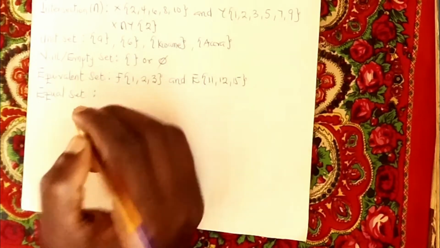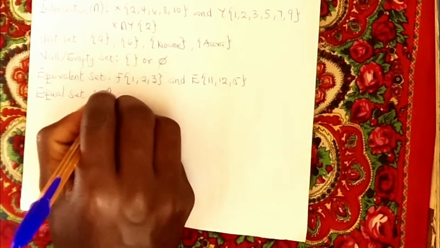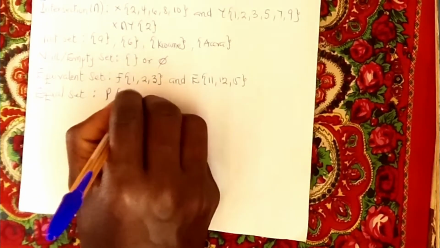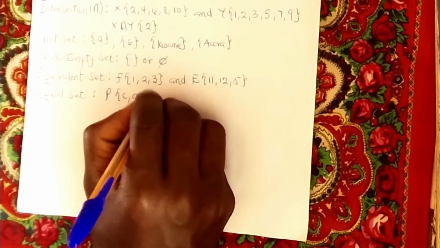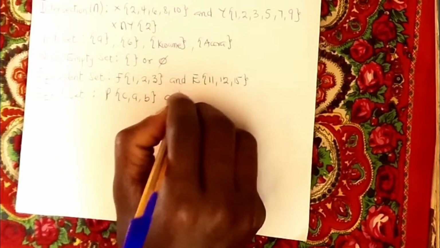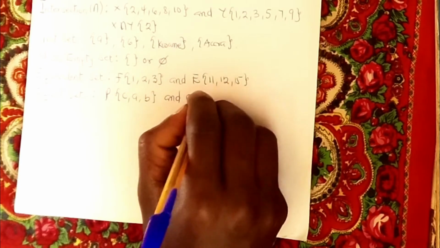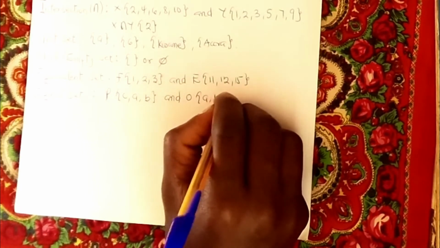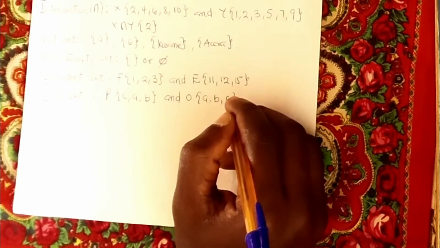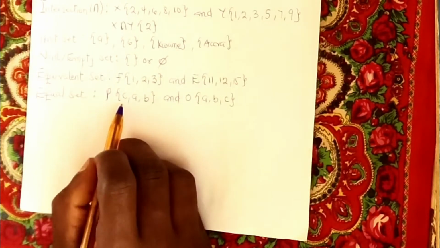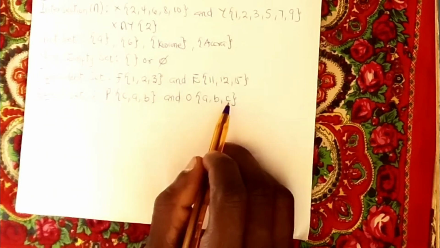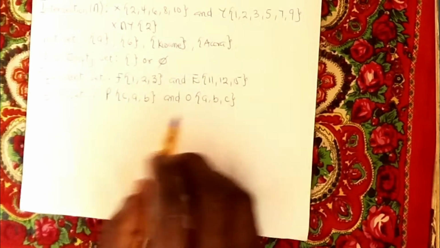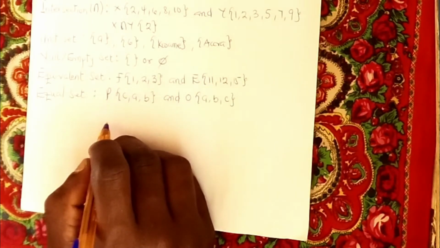For example, we have set P with elements C, A, and B, and set O with elements A, B, and C. Therefore, since we have the same elements, we have a C here, a C here, an A here, an A here, a B here, and also a B here, it is an equal set.